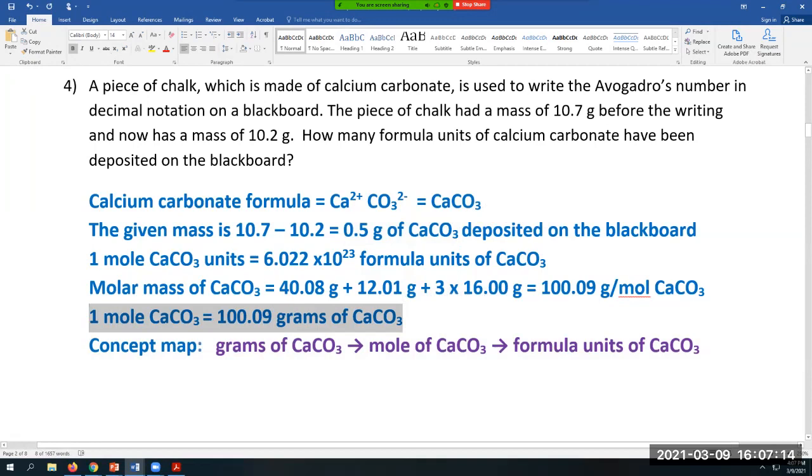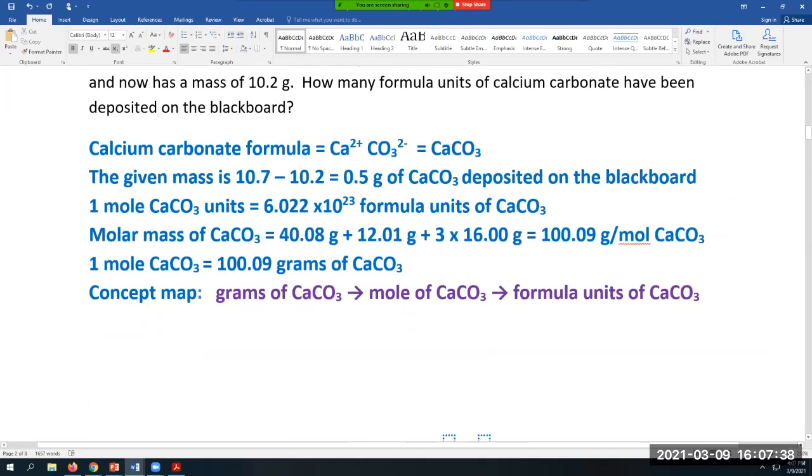And then once we have the moles, we can change the moles to formula units using the definition of the mole. So that's the concept map. Those 2 arrows tell you you have 2 conversion factors. And so those are the 2 equalities we just saw that will be used as conversion factors. So let's start the calculation.